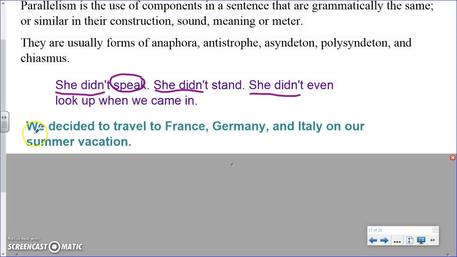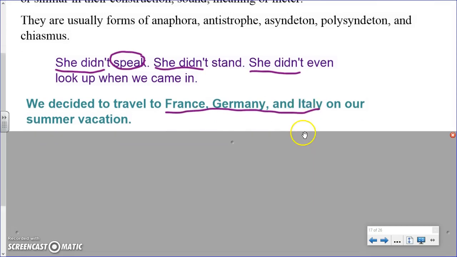Because if we changed the sentence and said we decided to travel to France, and then we went to Germany, and then we went to this island somewhere over there on our summer vacation, it rambles on and becomes a run-on sentence, whereas this is very clear, it's very concise, and it's grammatically correct because each of these are listed in the same manner.